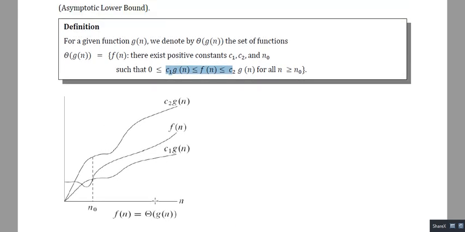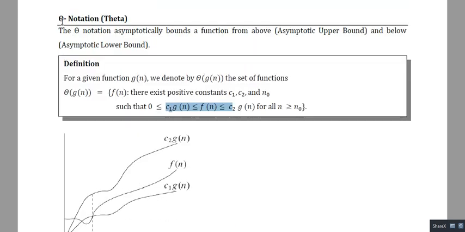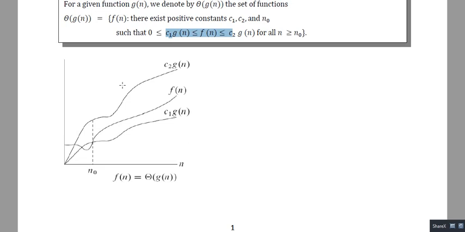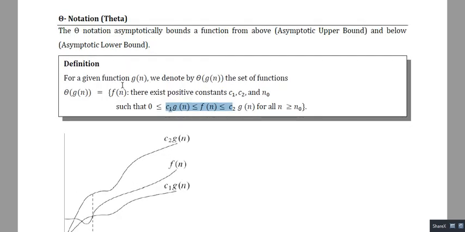Okay, so we can say this big theta notation is used to represent the time complexity where it has some asymptotic lower bound as well as some asymptotic upper bound, right?